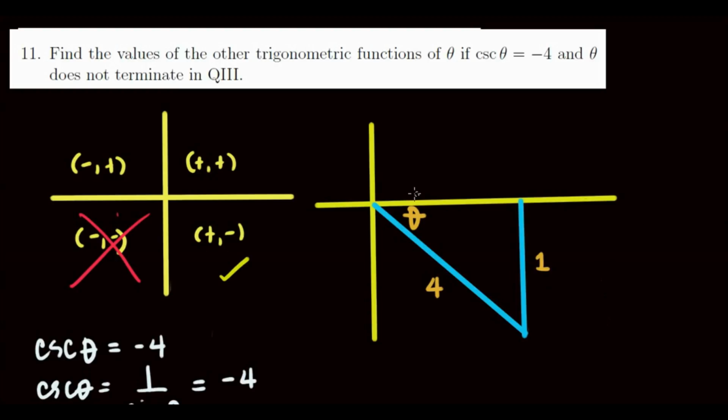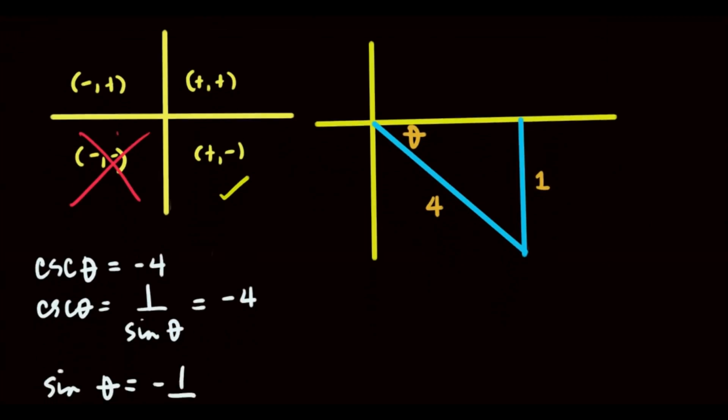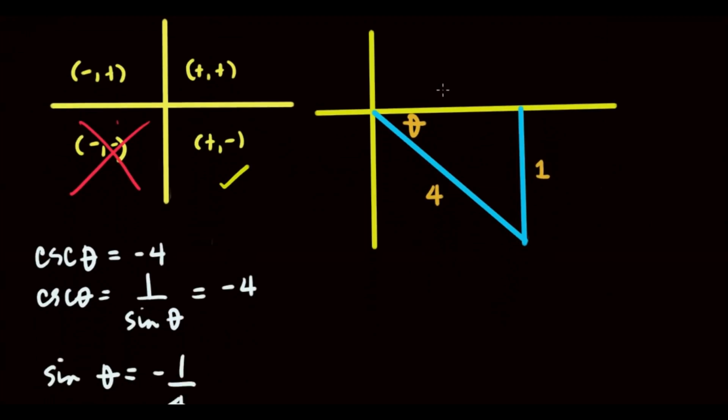Now, we need to solve for this. Gaano kahaba tong side na to? Okay, to solve for that, let's use Pythagorean theorem. Since this is your hypotenuse, let's call this side x. So that's 4 squared, hypotenuse, minus 1 squared, and the square root of this is equivalent to x.